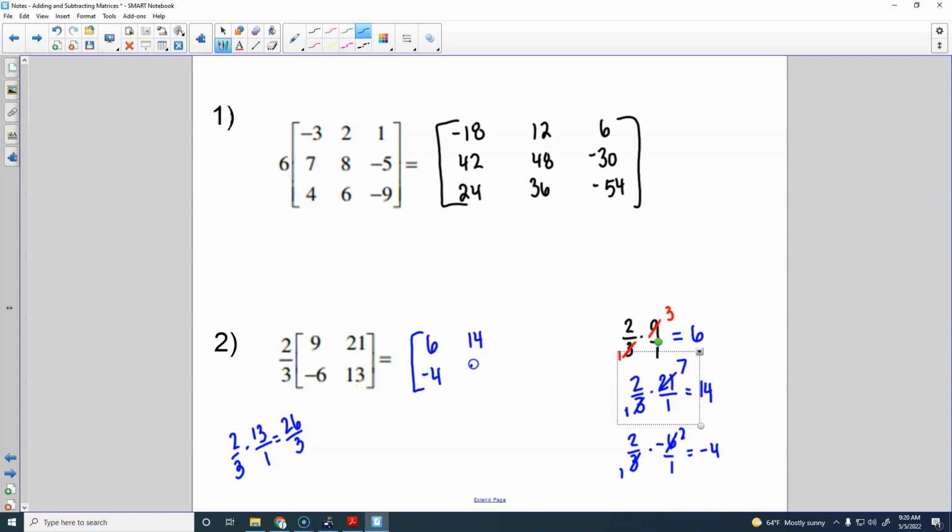And you'll just have to leave it like that. Or decimal would be okay if you wanted that. But basically just distributing there. Okay, questions so far?